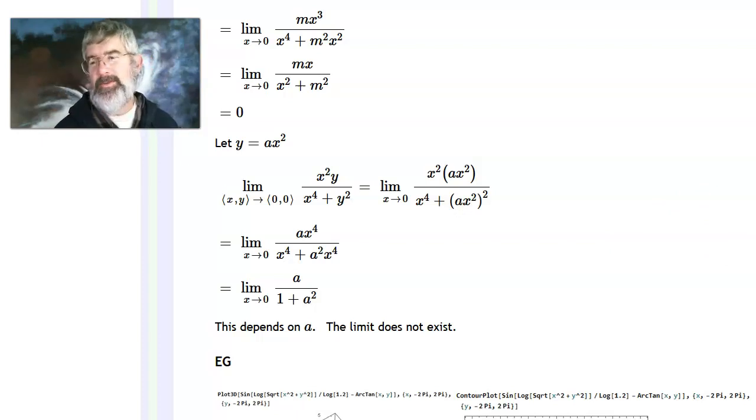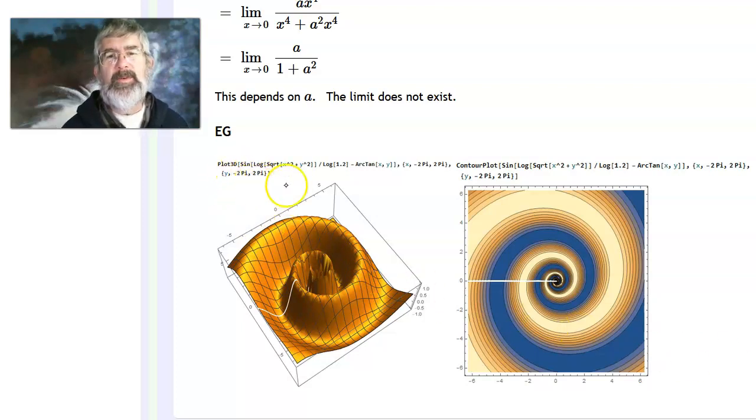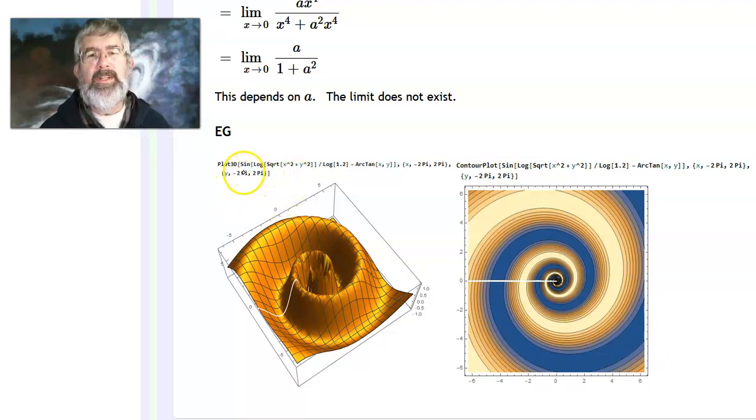Anyway, I have one more example. Several years ago, a student challenged me saying, could you get one that's like coming in on spirals? You get different limits? The answer is yeah. I didn't type it up in big to see what the function is here, but the function is f of xy equals the sine of the log of the square root of x squared plus y squared divided by the natural log of 1.2.